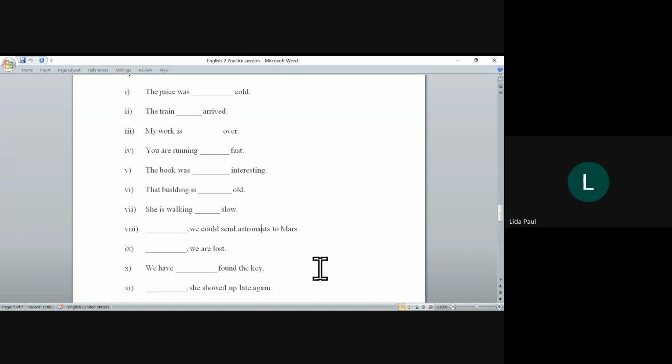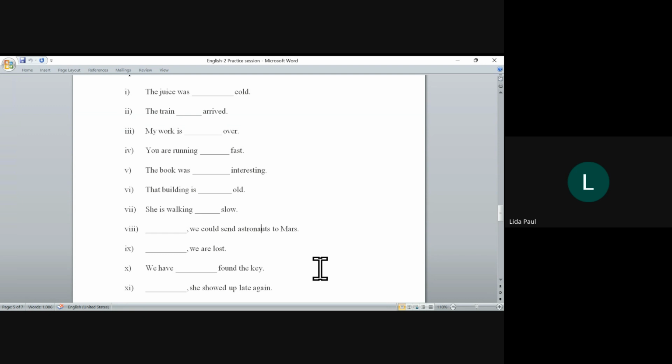What would be the next one? Dash, we are lost. Okay, dash, we are lost. Sadly, sorrowfully. Sadly, disappointingly, or clearly, or obviously, right? Clearly, we are lost and all that.